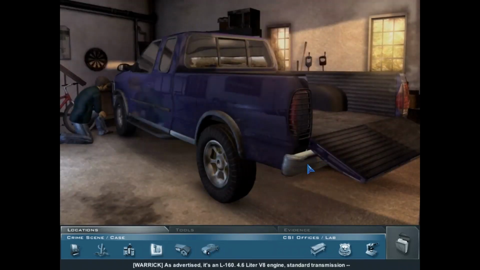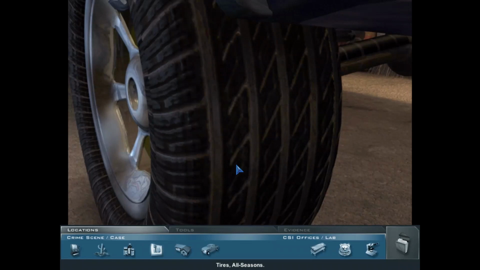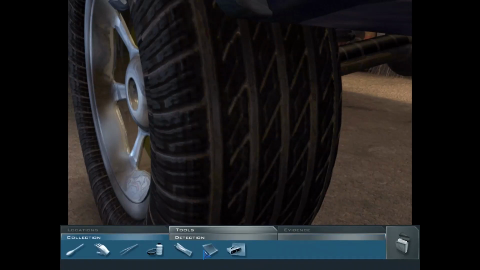As advertised, it's an L160 4.6-liter V8 engine, standard transmission. Nice wheels for a second car, huh? Only a couple hundred clicks on the odometer. Tires, all seasons. We can't use that here.